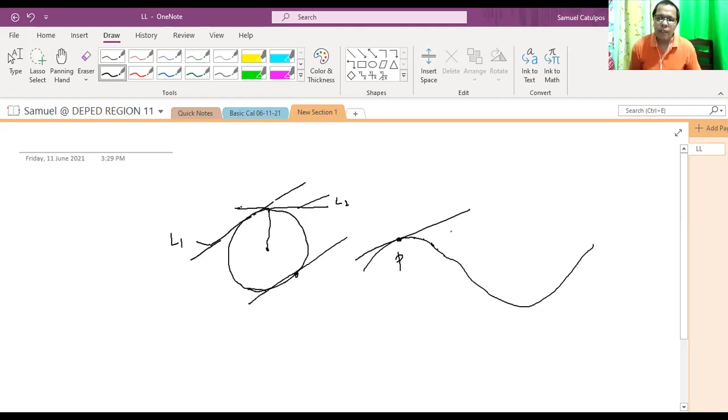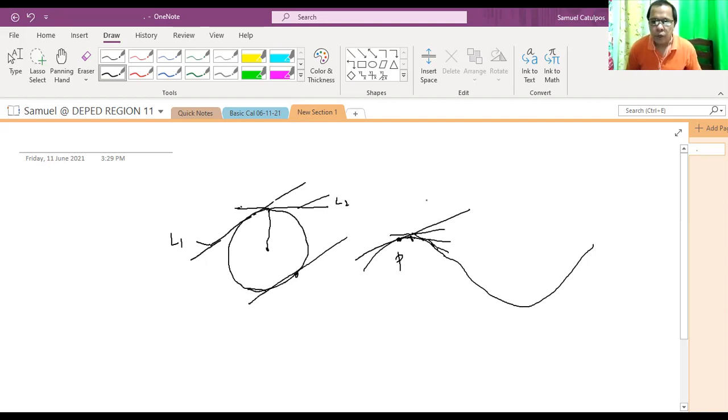Okay, the limit value of a certain boundary. So kaning line dire, kaning point dire, naa pod tangent line diha. So daghan na siya tangent line.